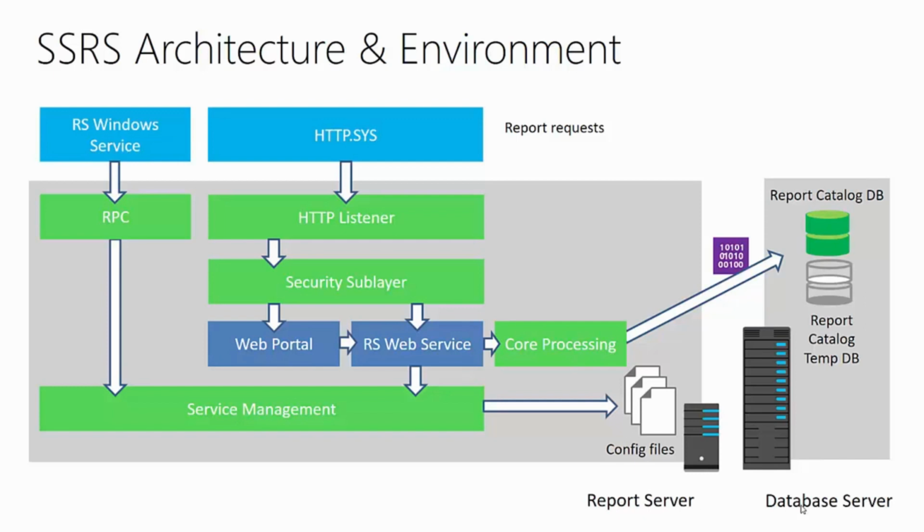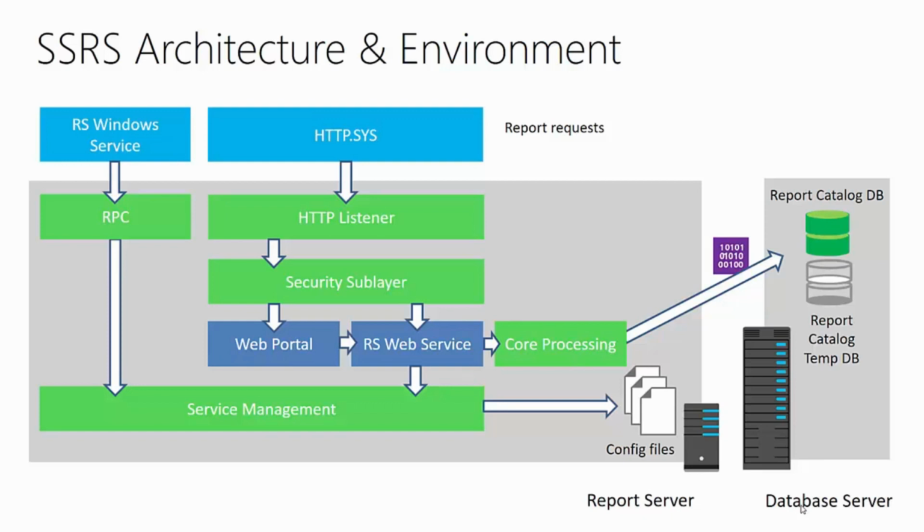These are databases that actually manage report content and all of the objects, the scheduling objects, the security. Everything that makes reporting services work is all managed in a SQL Server database within the report catalog database, typically called report server. The report catalog temp database holds temporary objects.